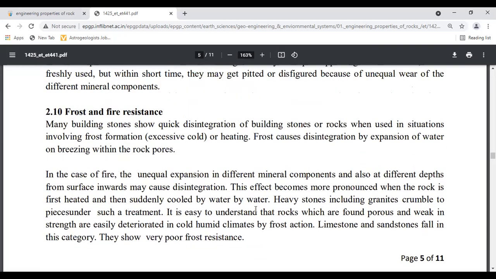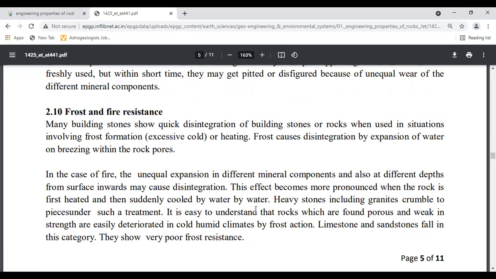Frost and fire resistance. Many building stones show quick disintegration when used in situations involving frost formation, excessive cold, or heating. Frost causes disintegration by expansion of water freezing within the rock pores.